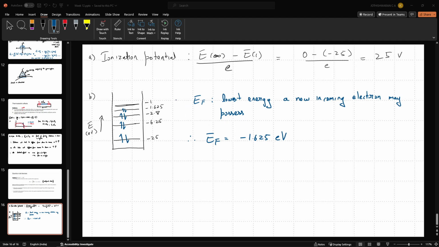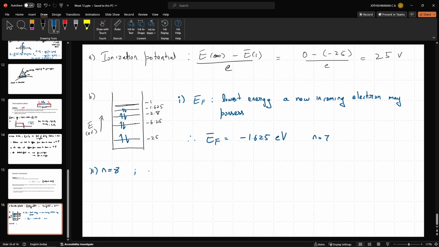As I was saying, this is case 1, where we have 7 electrons, so this is for n equal to 7. Similarly, if we had n equal to 8, now the figure has changed. So now there are 8 electrons. Now the lowest possible energy an electron can have is actually minus 1 electron volts.